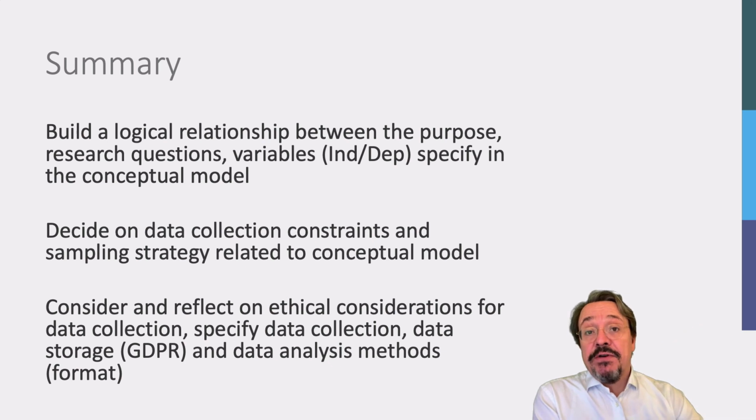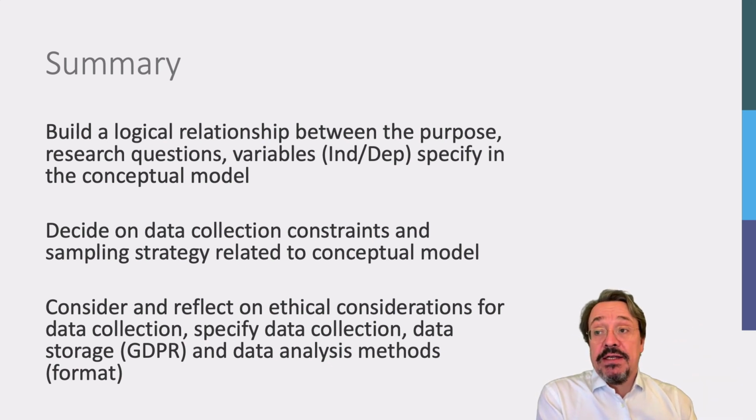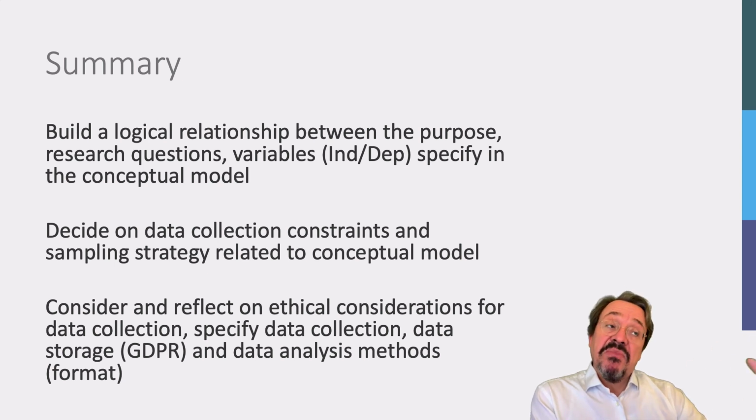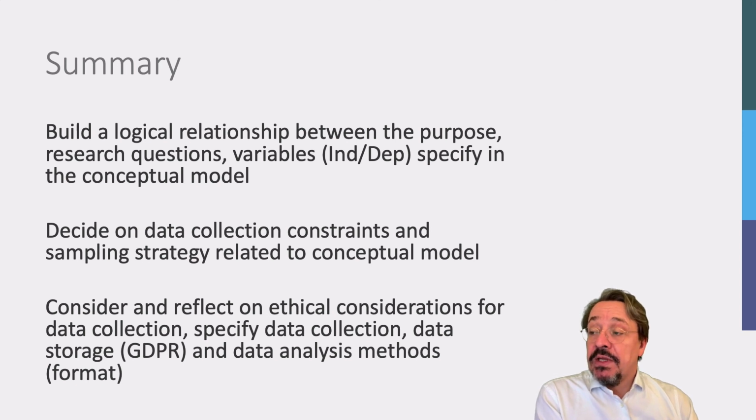And when you specify and look into these relationships, consider ethical aspects, of course, as a core part of your study design. So then you decide on what data collection you start with, and you look at the constraints also of these data collections. Constraints in the ethical sense, but also in the sense of the sampling strategy you can apply and considering the different variables in your conceptual model.